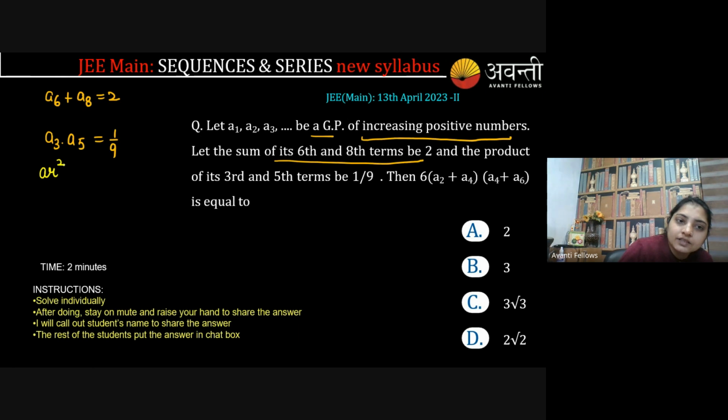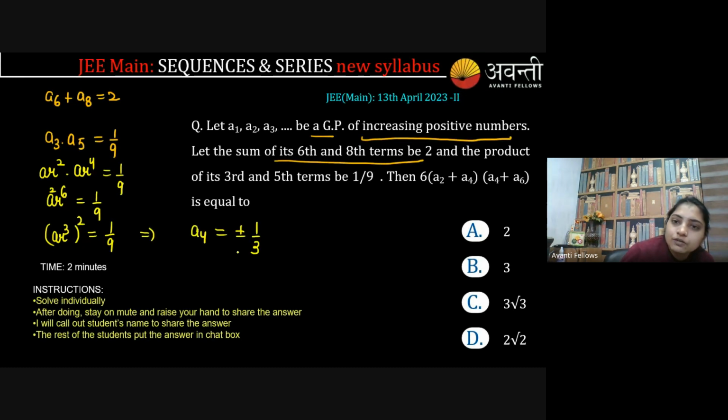A r square into A r raised to power 4, right, is equals to 1 upon 9. So A square r raised to power 6 is 1 upon 9. How many of you agree (a r cube) square is equals to 1 upon 9? It means A4 is equals to plus minus 1 upon 3, and the question says increasing positive numbers.